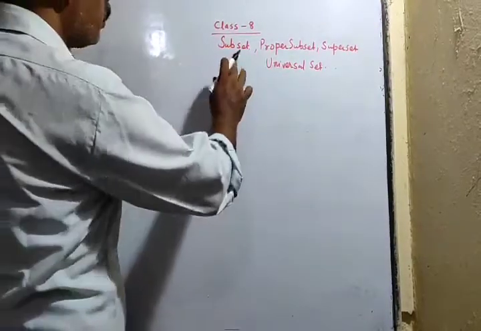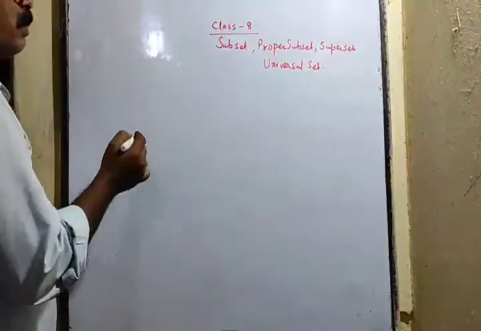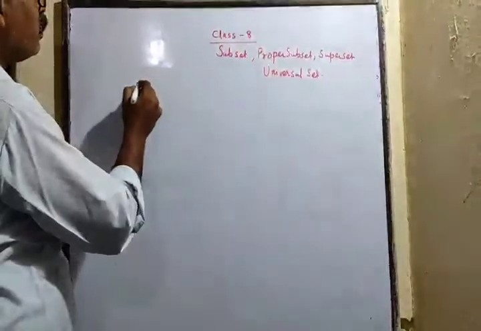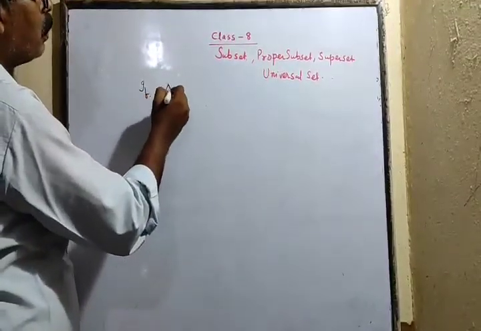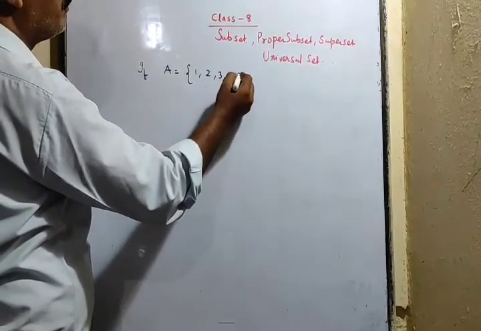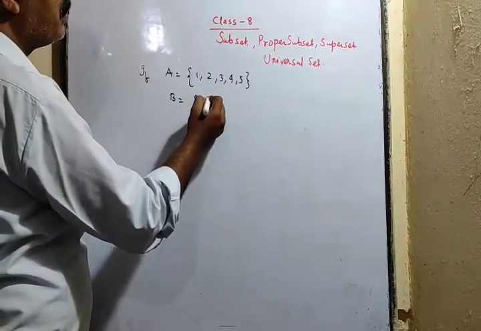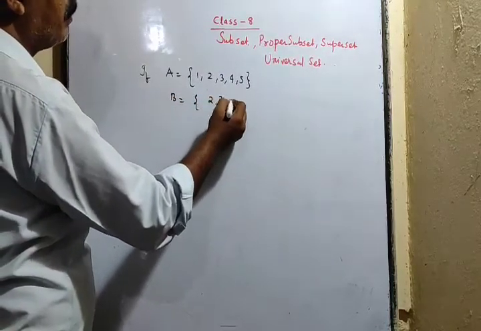So today's topic is subset, proper subset, superset and universal set. One by one we'll see. Consider A is given 1, 2, 3, 4 and 5, and B is given 2, 3 and 5.